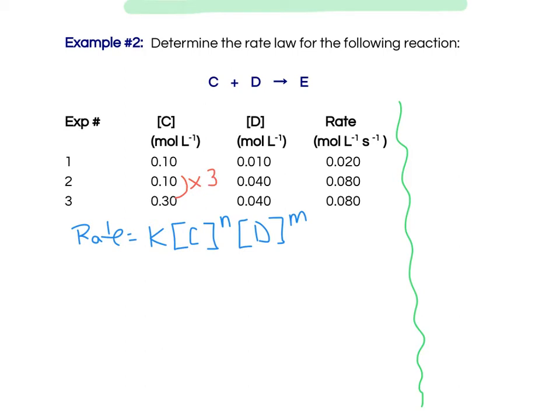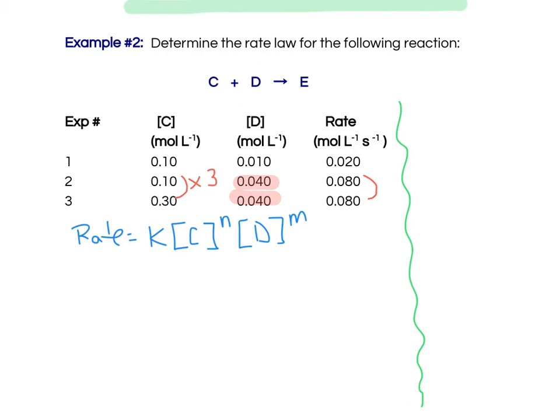And when I look at the concentration of D, I'm just double checking that concentration is remaining stable, so I'm good. But take a look at this. My rate does not change at all. So that's an interesting situation. By tripling the concentration of C, there is no effect on my rate whatsoever.